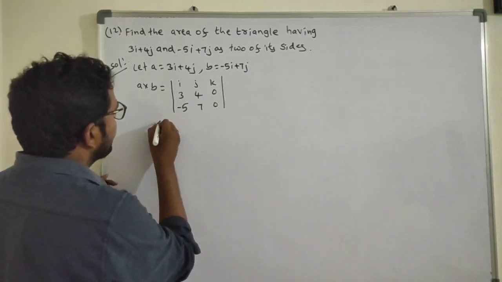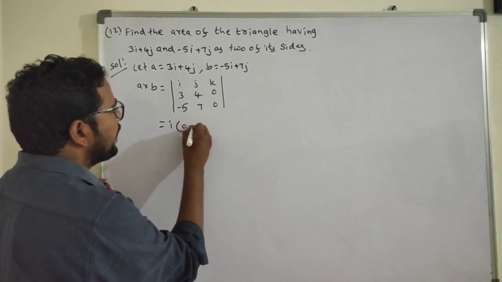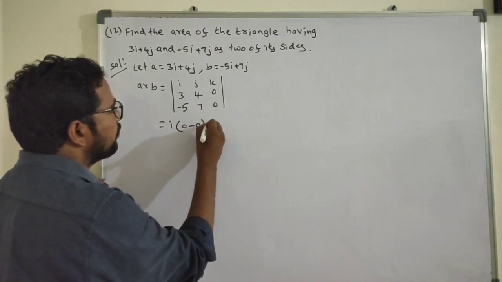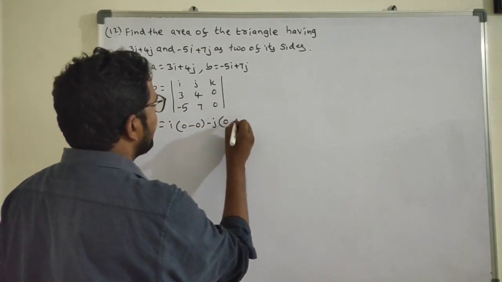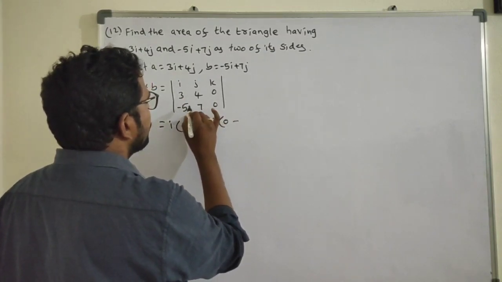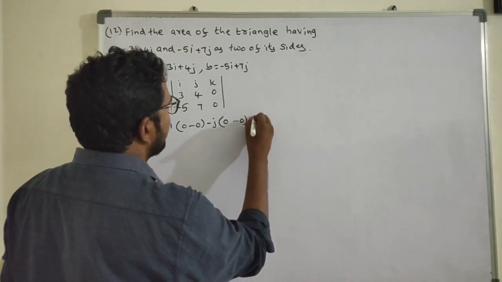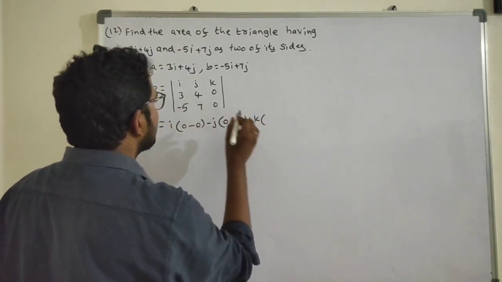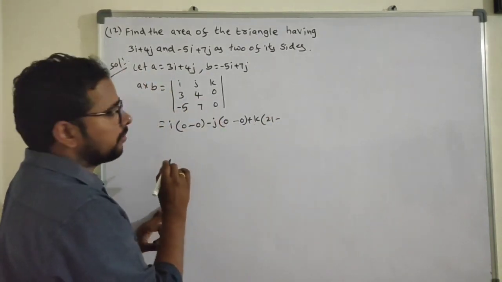Now expand the determinant. i into 4 into 0, 0, minus 7 into 0, 0. Minus j into 3 into 0, 0, minus 5 into 0, 0. Plus k into 3 7s are 21, minus 5 into 4, minus 20.